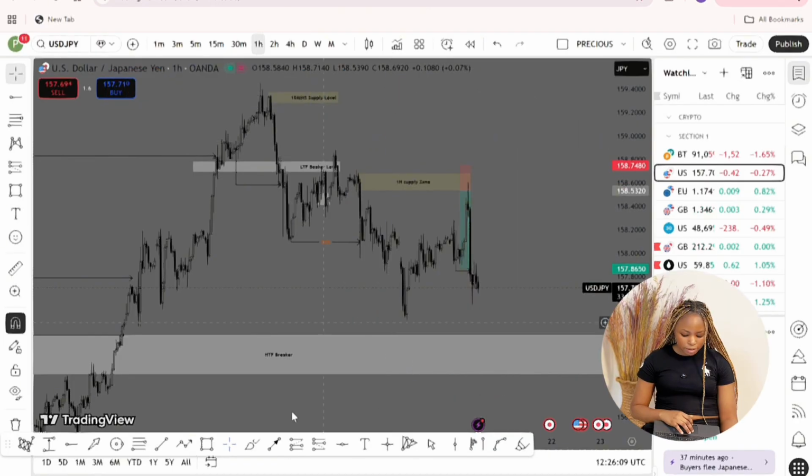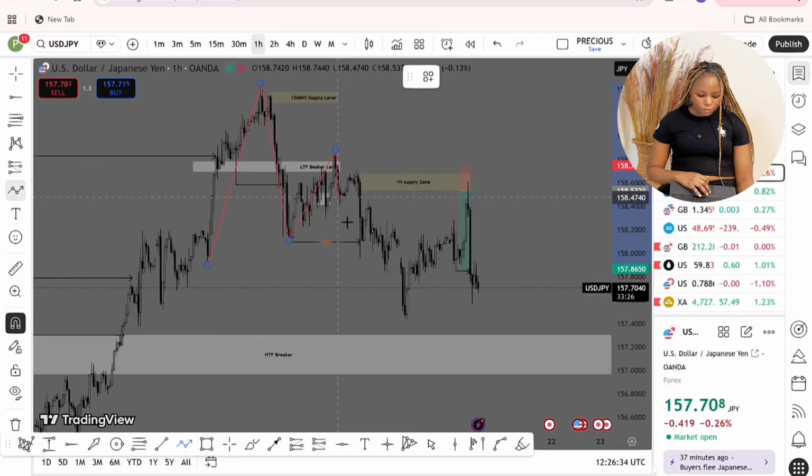Taking my part two now, you can see we have this low here all the way here, and then we have a low all the way here. We have a high here, and then you can see we have a breakers block here.